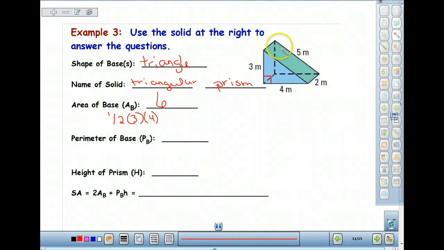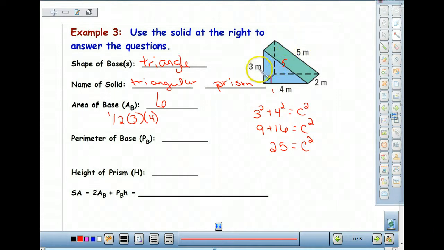My perimeter, luckily it tells me that this is 5 right here. If they didn't tell me that was 5, how could I figure it out? We could use the Pythagorean theorem and go 3 squared plus 4 squared equals c squared, which gives me 9 plus 16 equals c squared, which gives me 25 equals c squared, which tells me that is 5.